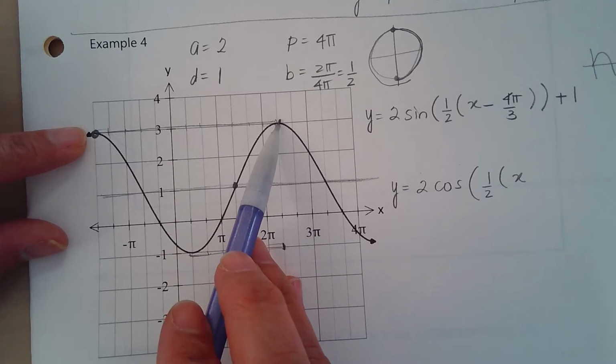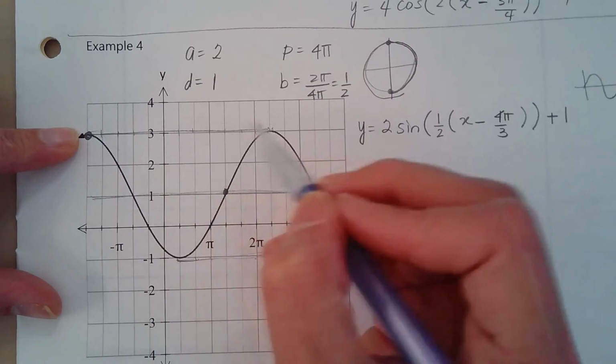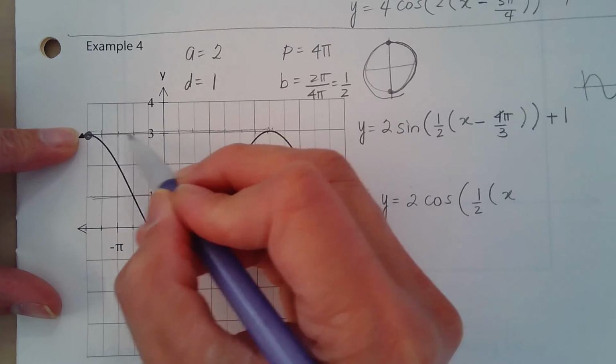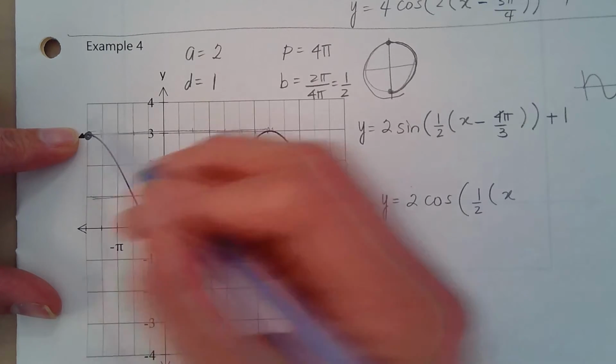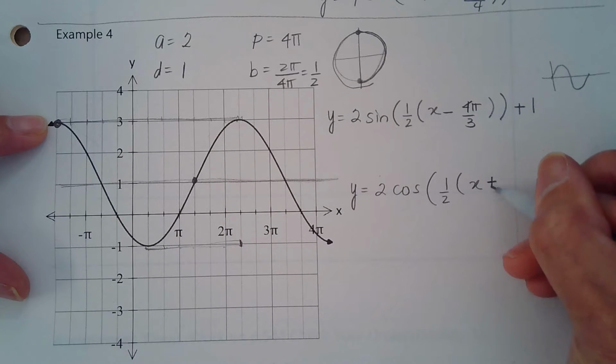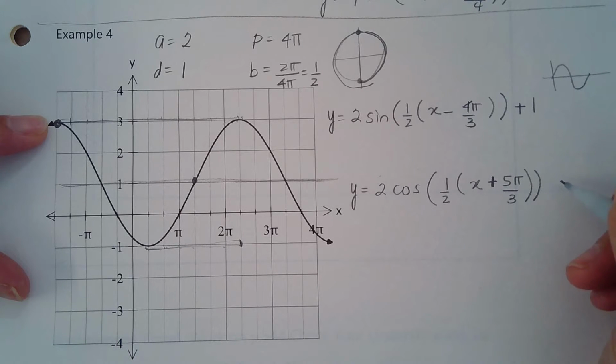There it is. Okay, so that would be 1/3, 2/3, 3/3, 4/3, 5/3. So minus negative 5/3, so it's positive 5 pi over 3, close brackets, plus 1.